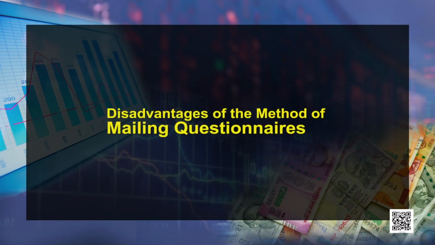The disadvantages of the method of mailing questionnaire are that the respondents may not understand or may misinterpret some questions. The respondents may not take enough care to answer all questions correctly. The respondent may ignore and not return the questionnaire at all. Some of the questionnaires may be lost in the mail.